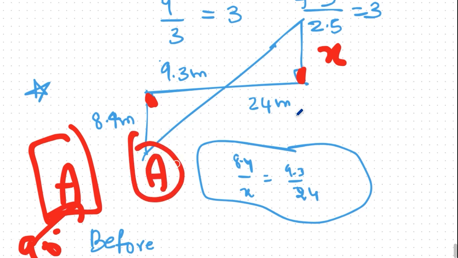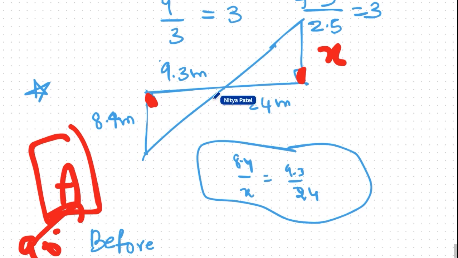Both the sides are missing x. It could be this, or this, or this, or this. We don't know if this angle is equal to this one. Maybe if it is flipped like that, we don't know, right? So how do we determine which angle is equal to which angle?